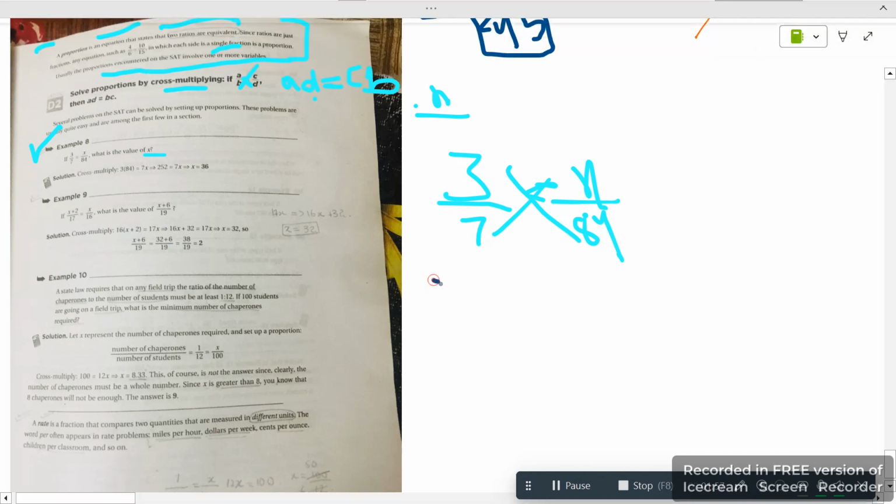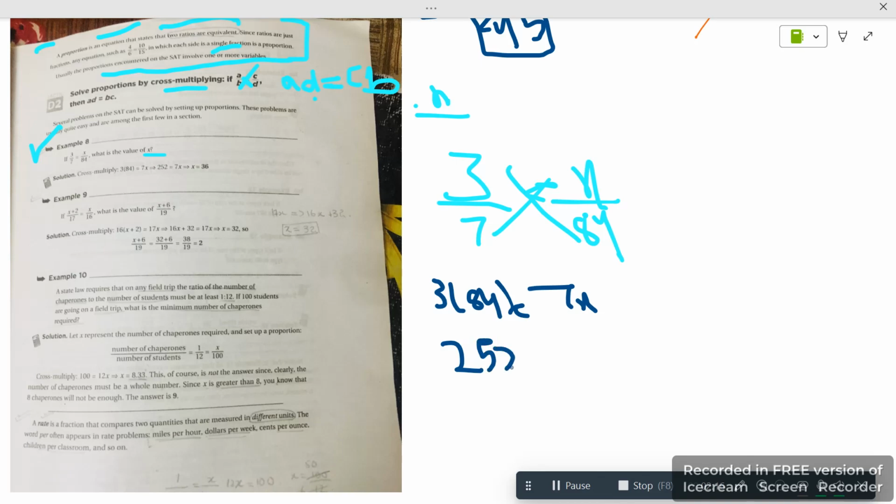When you cross multiply, 3 into 84 would be equal to 7x. When 84 is multiplied with 3, you will get the value 252, which is equal to 7x.